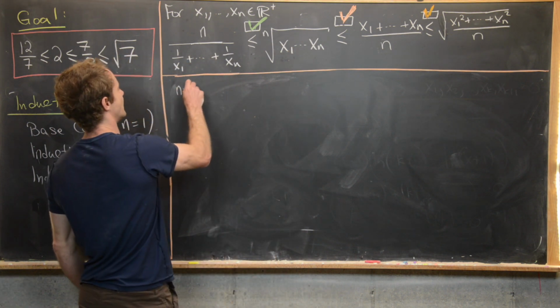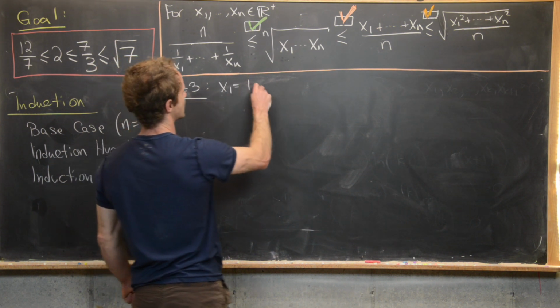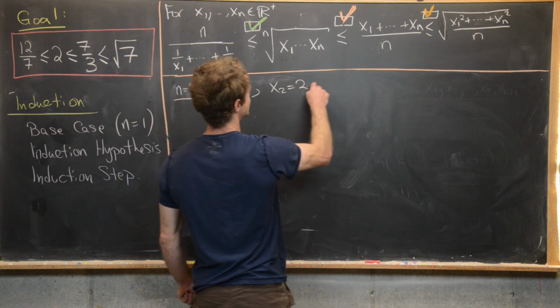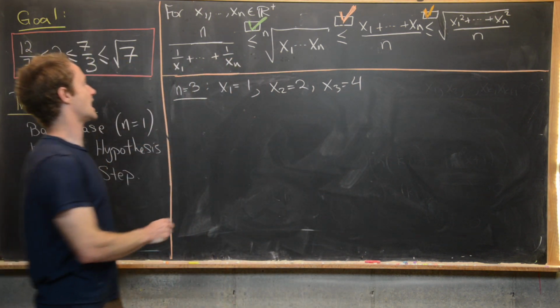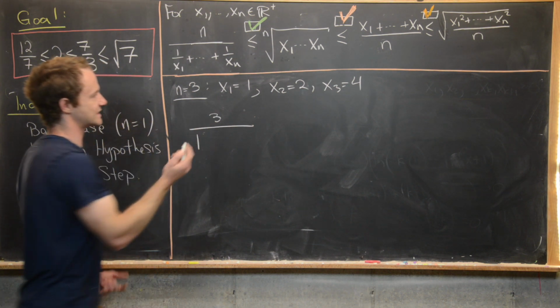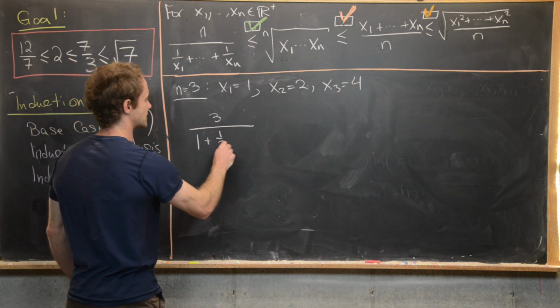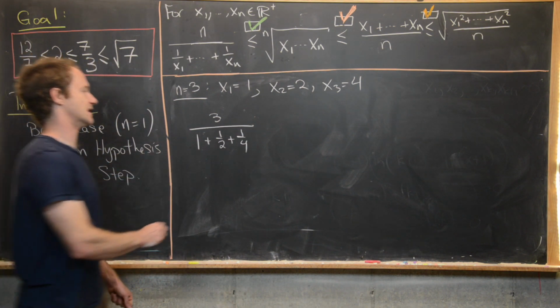So let's say that we have n equals 3, so we need 3 numbers. I'll go ahead and set x1 equal to 1, x2 equal to 2, and x3 equal to 4. So let's see what we have here. So we'll have 3 over 1 over 1, so that's just 1, plus 1 over 2 plus 1 over 4. So that's the harmonic mean of those 3 numbers.